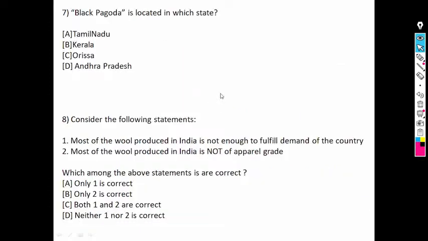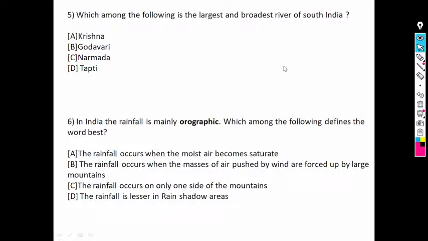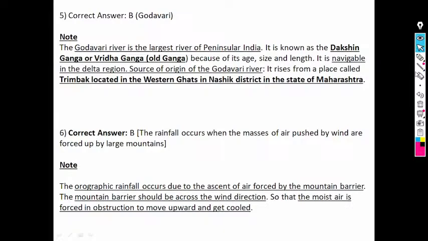Konark temple, sorry. Because Godavari is the largest, broadest river, Godavari River, is the largest river of peninsular India.